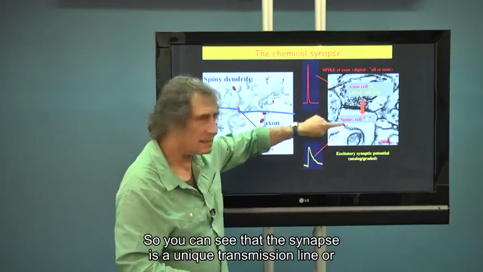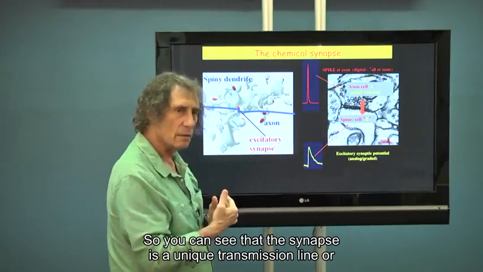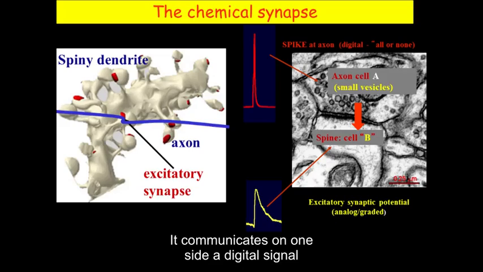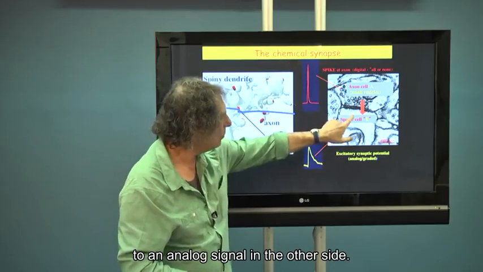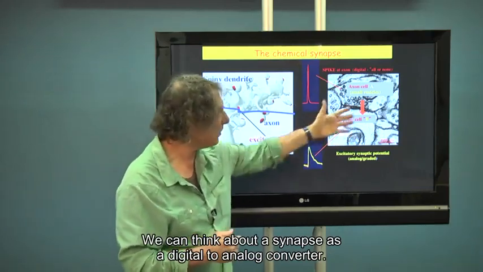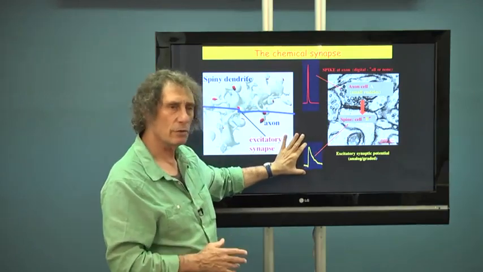So you can see that the synapse is a unique transmission line or communication device. It communicates on one side a digital signal to an analog signal in the other side. We can think about the synapse as a digital to analog converter.